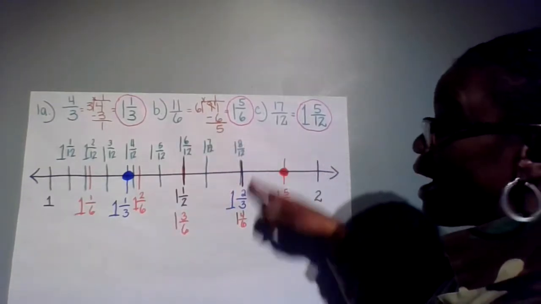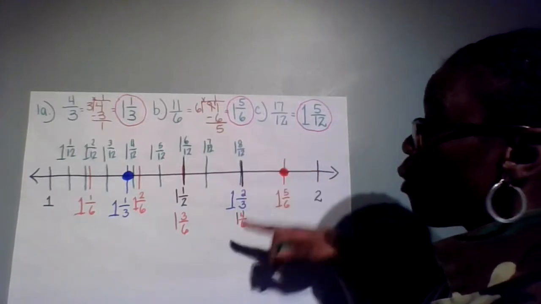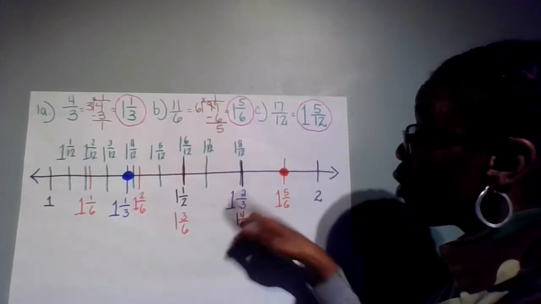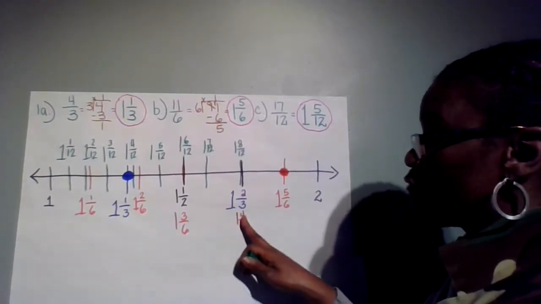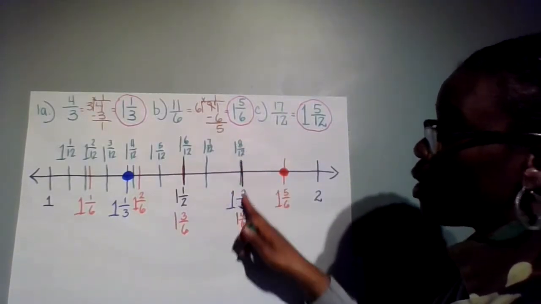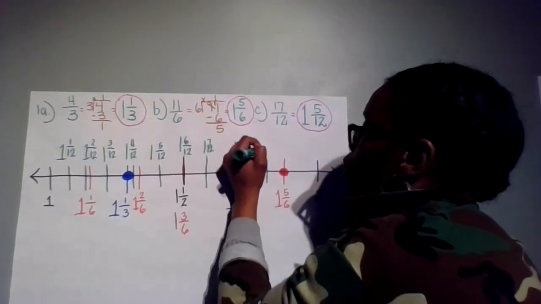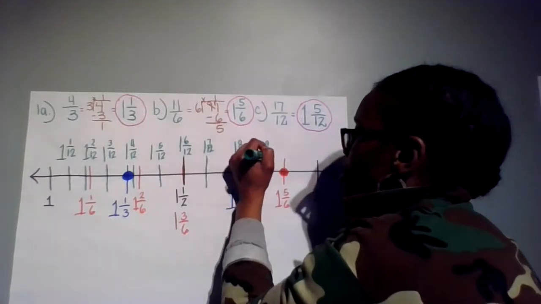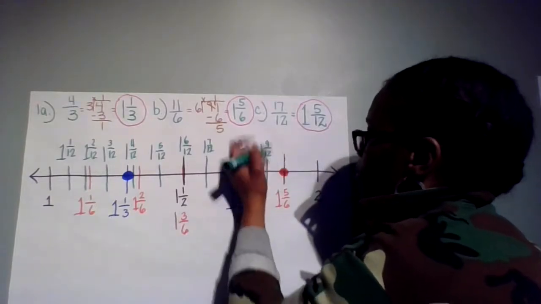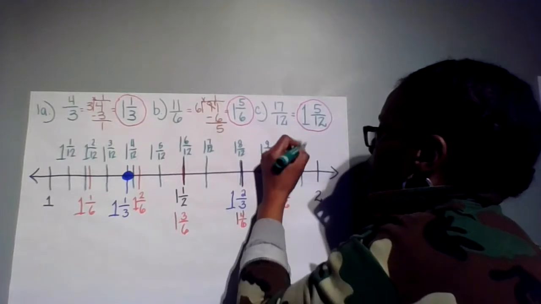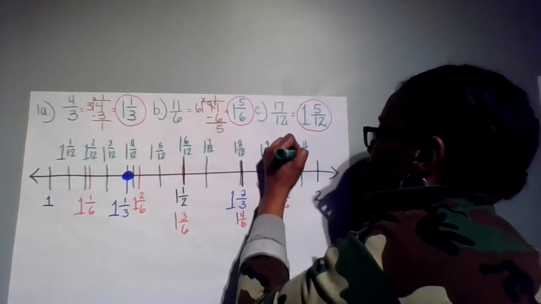Because if I divide both of these by 4, I'm going to end up with 2/3. So now I know that 1 and 2/3, 1 and 4/6, and 1 and 8/12 are all equal. 1 and 9/12, 1 and 10/12, and 1 and 11/12.